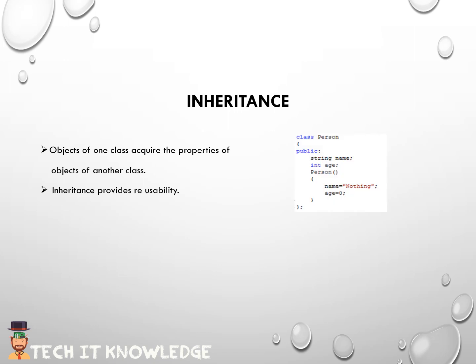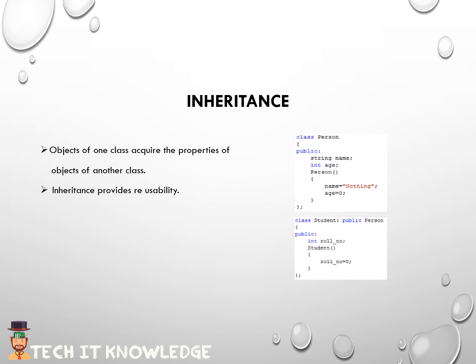So here we have an example with the class name person with the member variables and member functions. Here the member function is nothing but the constructor. A constructor has the same name as the class name with no return type. It can have arguments. So basically a constructor we use to initialize the member variables, as we have initialized name as nothing and age as 0.